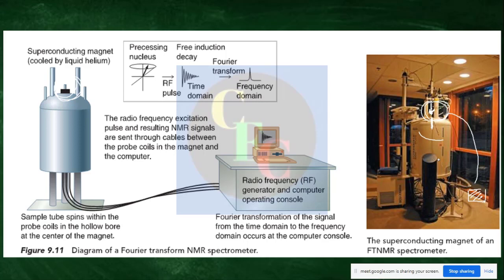So liquid nitrogen has to be replaced every now and then in NMR spectroscopy. You cannot shut it down. It has to be kept running round the clock, because once you shut it down, you have to charge the magnet again. That's the problem. But in North Bengal, in the University of North Bengal, we have a machine.